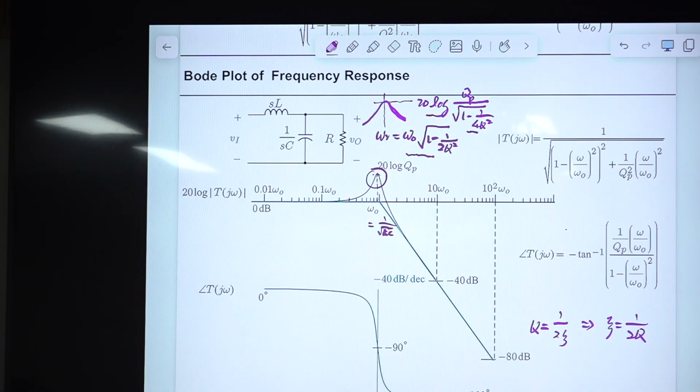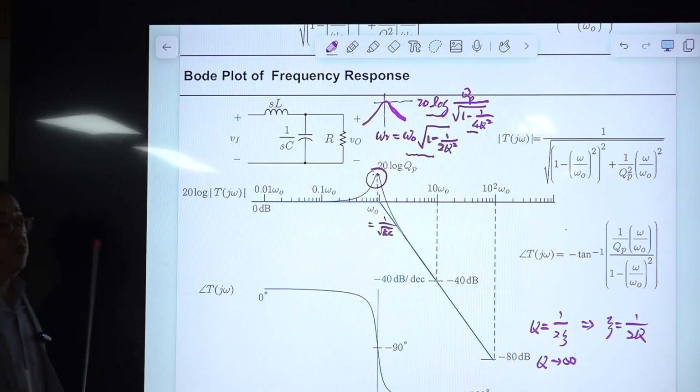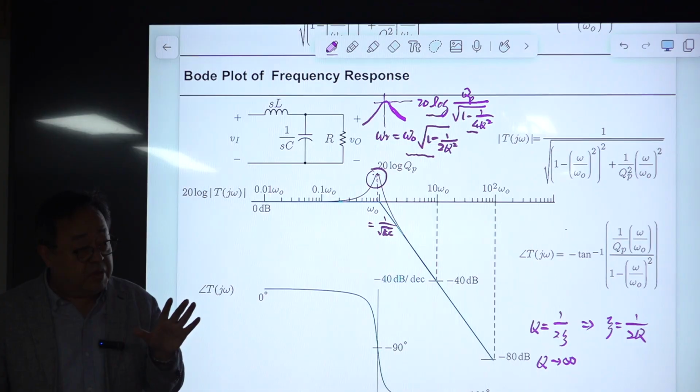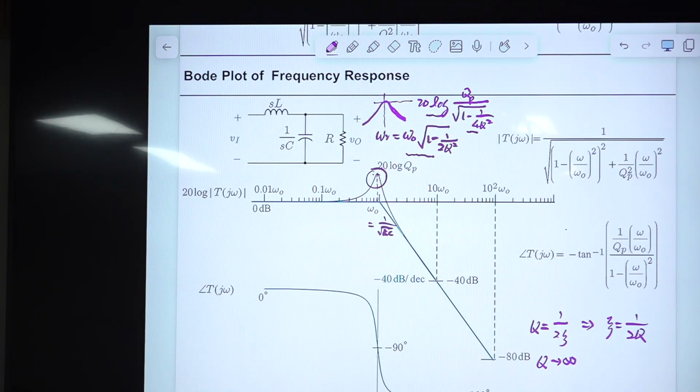One thing I'd like to mention is when this Q goes to infinity, this quality factor is infinity, so it has the best quality as an energy storage element. But if this is infinity, then zeta becomes 0, meaning there is no damping.